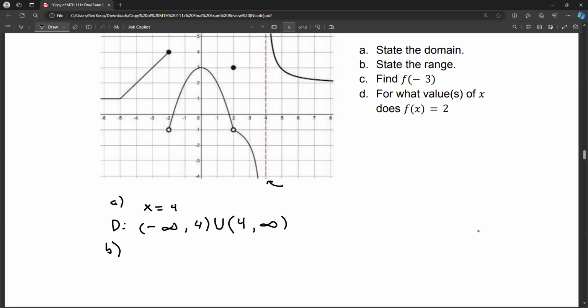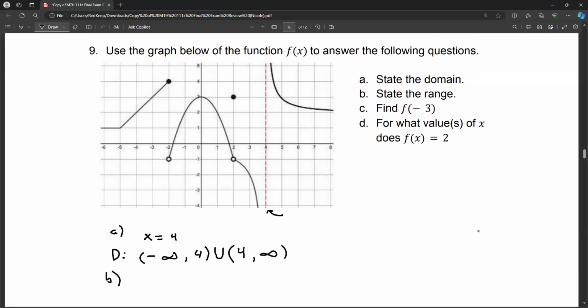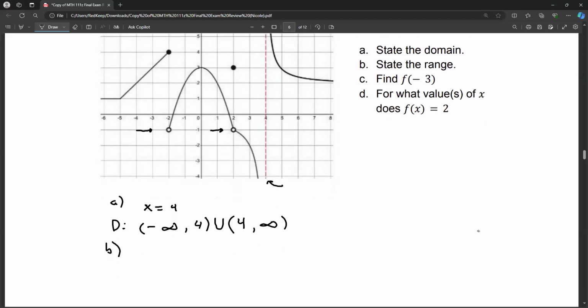Here for the range, there are no horizontal asymptotes that I see. However, I am seeing that y cannot equal -1. It doesn't appear on this function, since I have a hole here, and of course the hole here. It looks to me that we can't have y equaling -1. That's not a possibility.